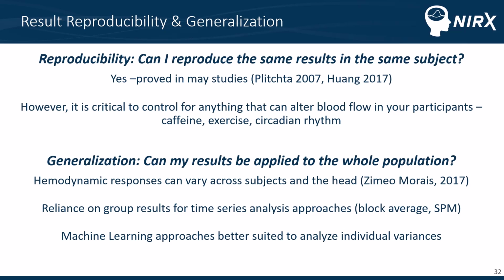So there's more of a reliance on group results for time series analysis approaches like block averaging, SPM, and the GLM, whereas machine learning approaches are going to be better suited for analyzing individual variances. So whether or not your results can be applied to the whole population, it's important to keep some limitations of the fNIRS signal in mind, as well as how you're going to analyze your results.